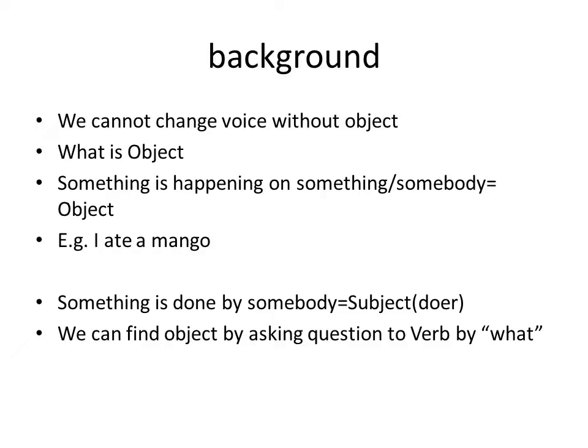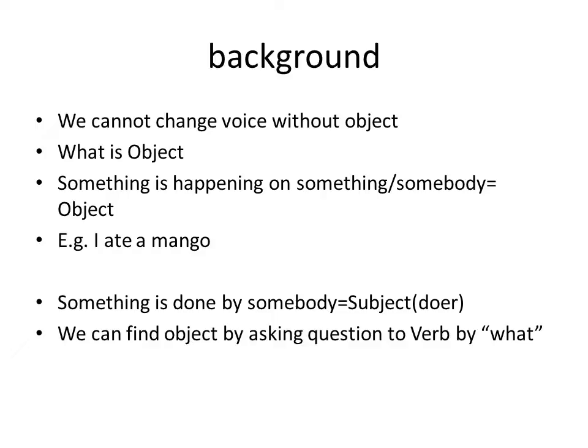So what is meant by object? Object means something is happening on something or somebody. That something or somebody is called the object. Just take an example we have seen before: I ate a mango.